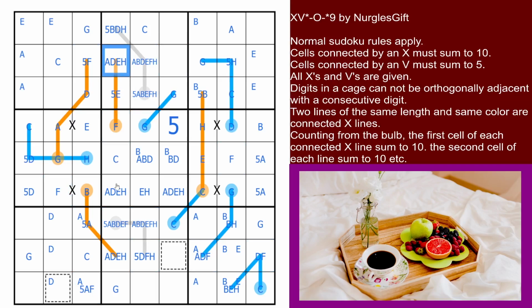Some kind of look A D E H, right? Oh, F is looking at this, right? That can't be F. If that's not F, that can't be B. This A D E H, right?